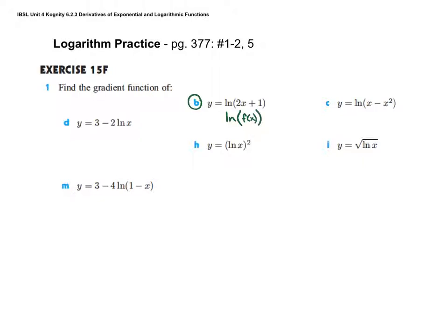Pretty much, yeah. So I know that the derivative of ln of f of x is 1 over f of x times the derivative of f of x. That's the rule exactly how it's stated above.